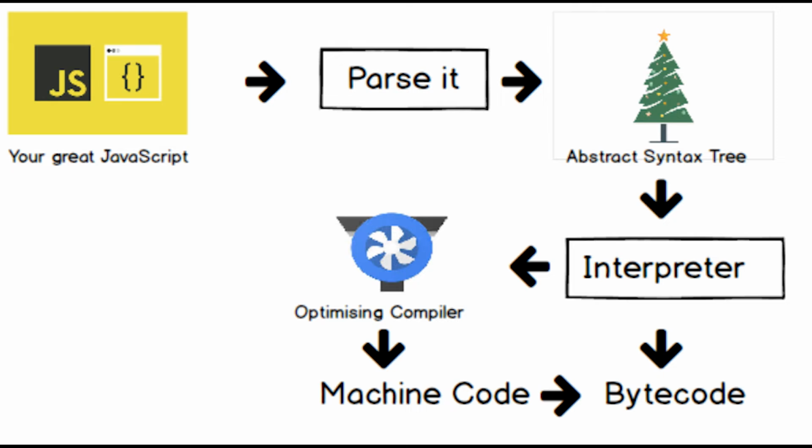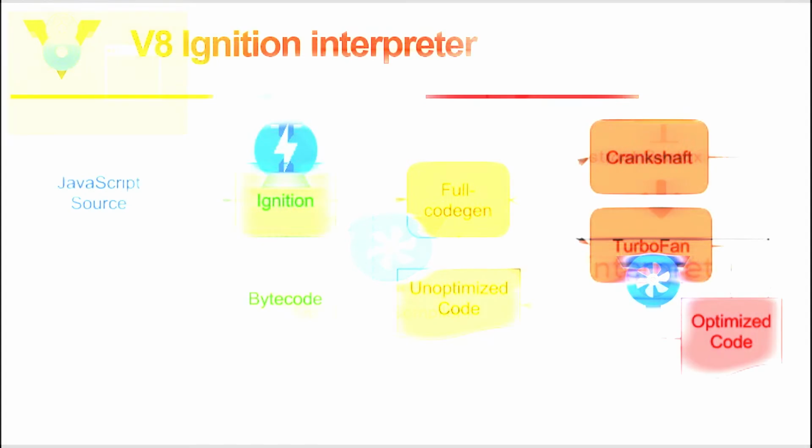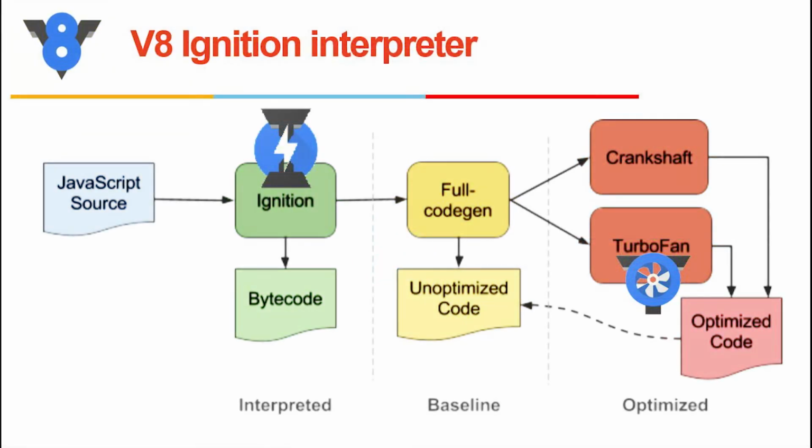So think of it like a kind of virtual machine, and in particular the V8 interpreter is called Ignition. That is what I'm going to focus on today.